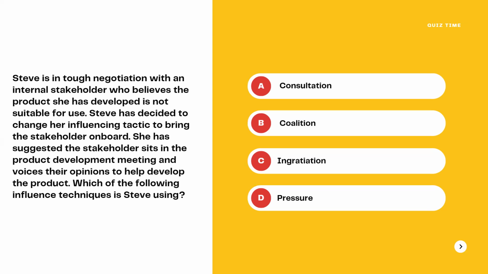Because they have different opinions, Steve invites her into the product development meeting, and this is the consultation technique, where you want to hear the opinion from the other party and let them be involved in the decision-making process. That is consultation.